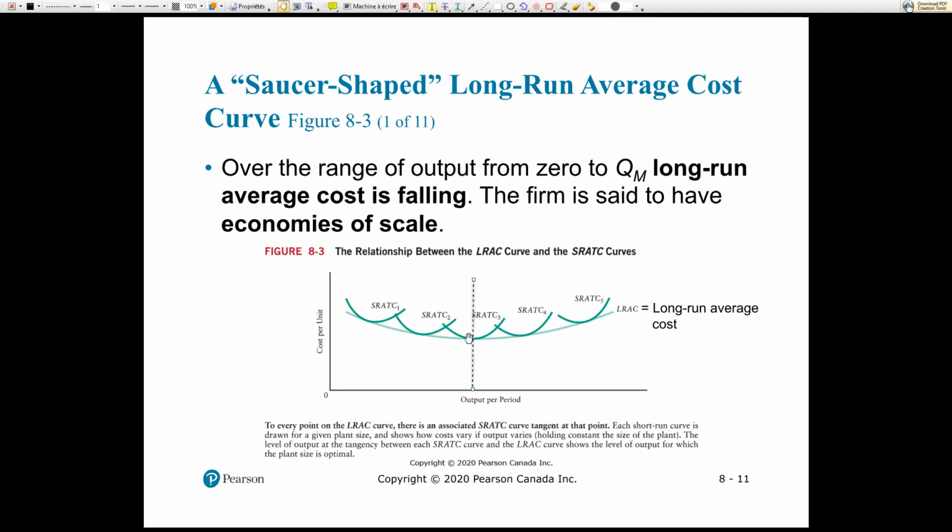Then I'm going to change my capital and labor composition and be, for instance, here. But in the short run, I'm stuck there. And so all these short run average cost curves are going to define my long run average cost curve. All right.